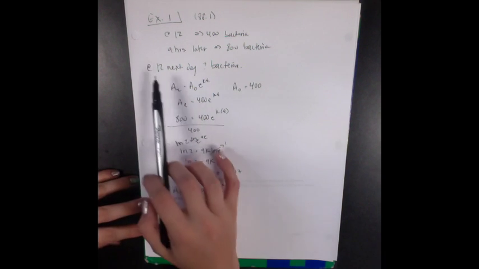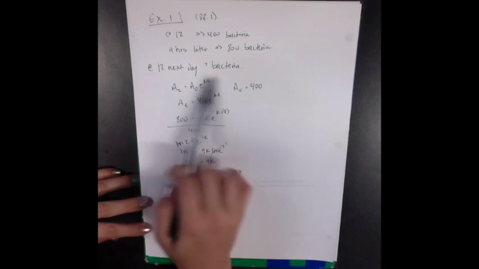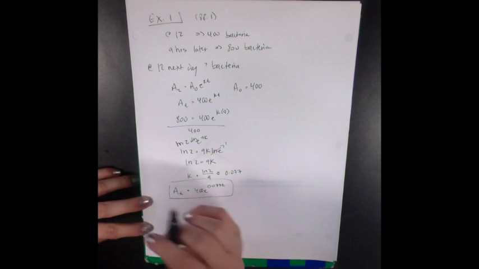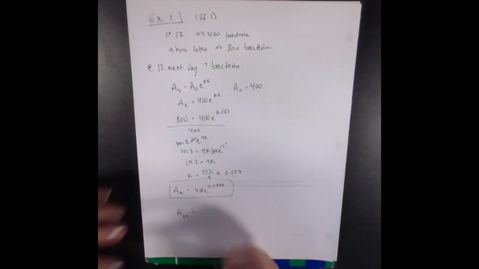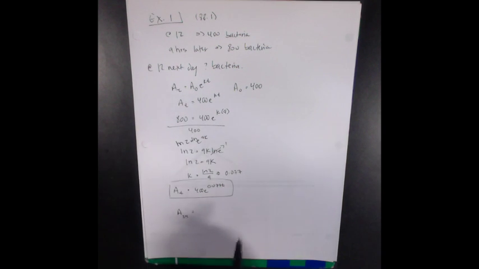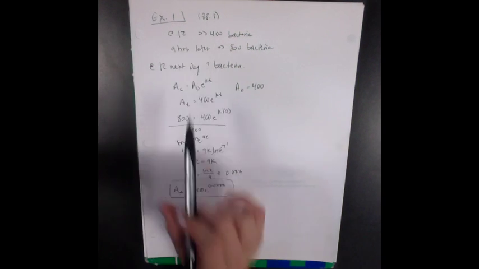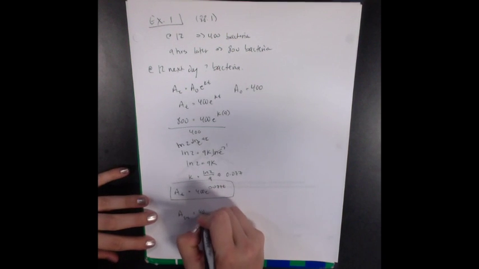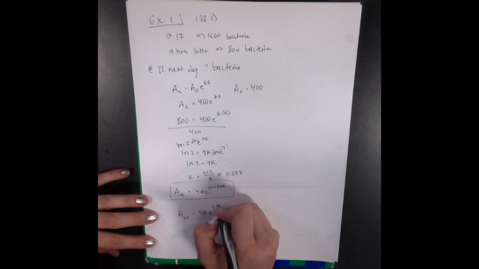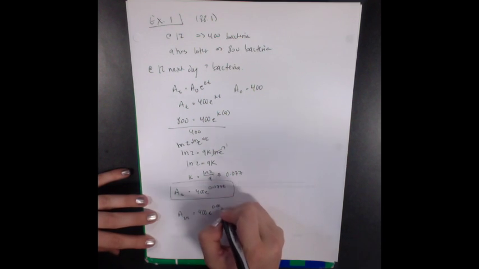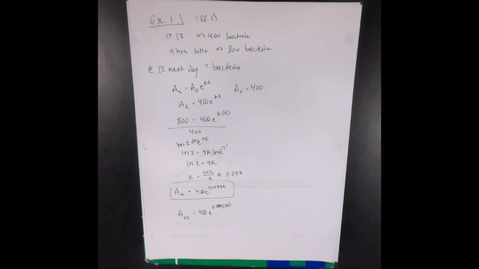Now it says we want to know what's happening at noon the next day. So I want to know A sub 24 because it's a full 24 hours from when we first started. That equals 400 e to the 0.077 times 24.